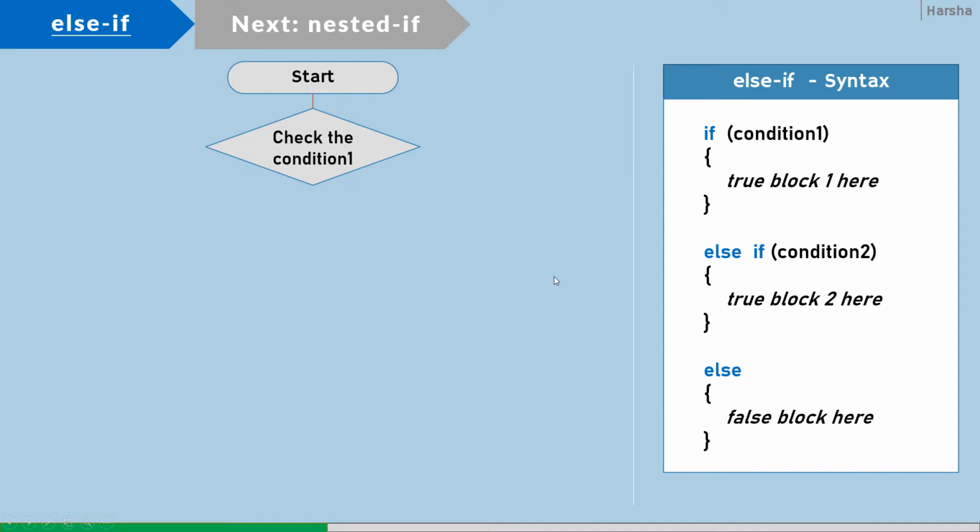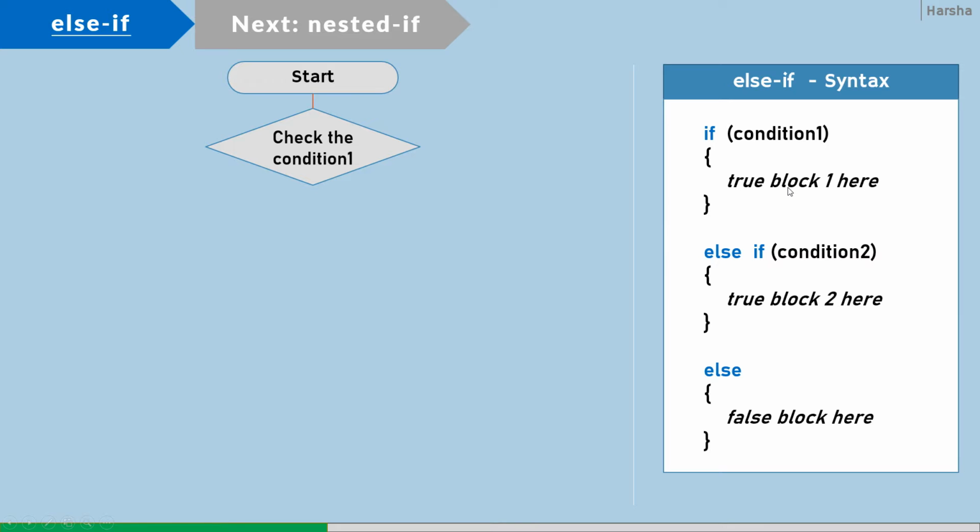Now coming to the else if. In case of else if, condition 2 will be checked only when condition 1 is false. In fact, you can write multiple else if also. For example, you can repeat writing else if condition 3, else if condition 4 and so on. Every else if will have its own block.